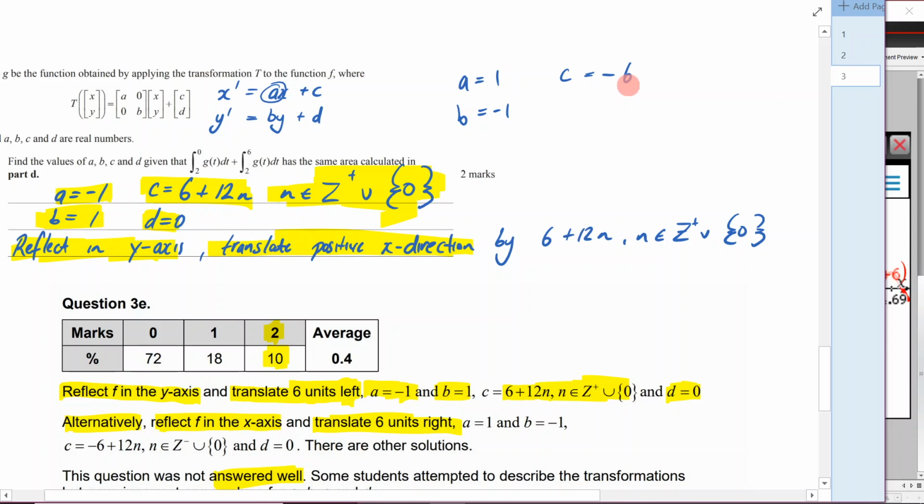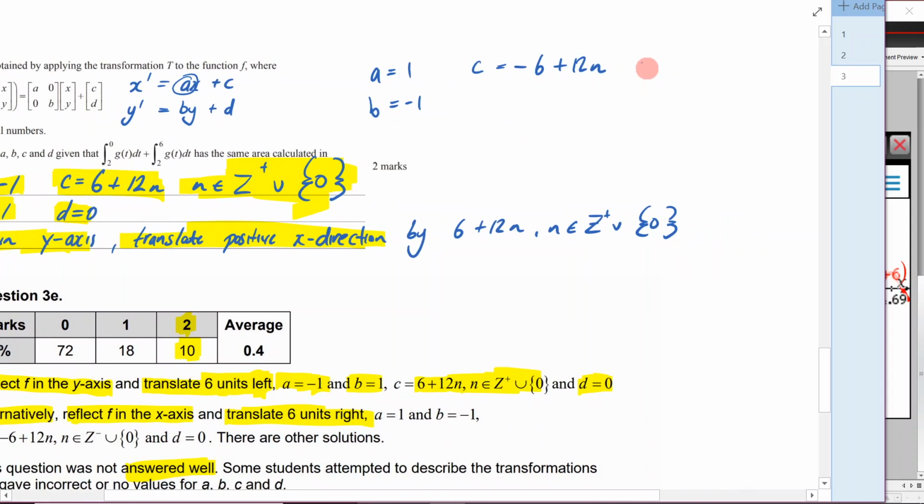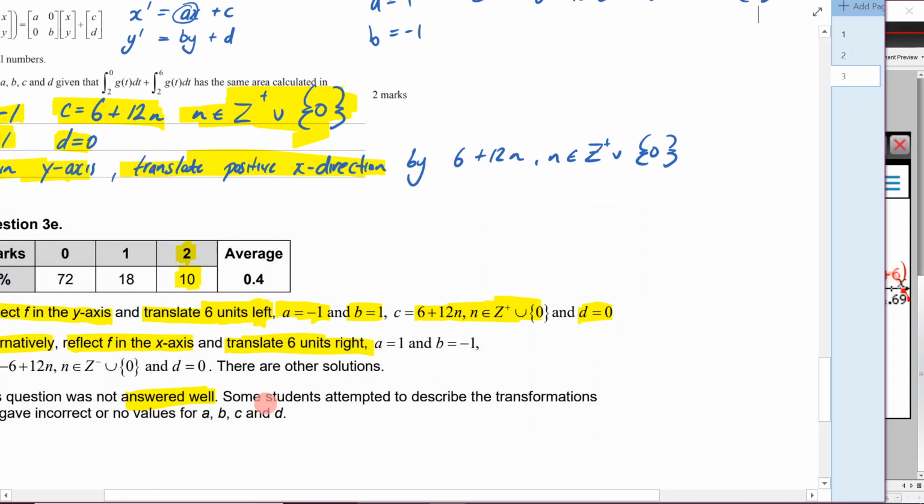And then we have to remember that we can move it by a period. So I'm going to plus 12n, and I'm going to define n as being all my real integers that are negative. So when I put a negative number into this, it's going to make this -12. So I'm moving it to the left by a period. And I'm also going to say that this is the union of 0, because I can include a 0 there. And that is what they have written here.